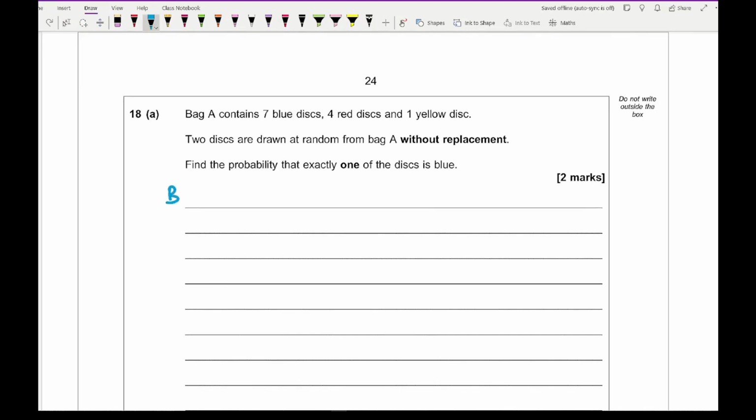But the possible options are blue, red. We could have blue, yellow. Then we could have red, blue, or we could have yellow, blue. So working out the probability of a blue, red, well, that's going to be 7/12 times 4/11, which equals 28/132.